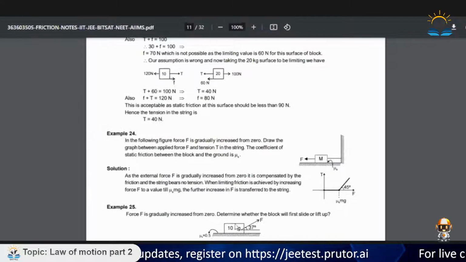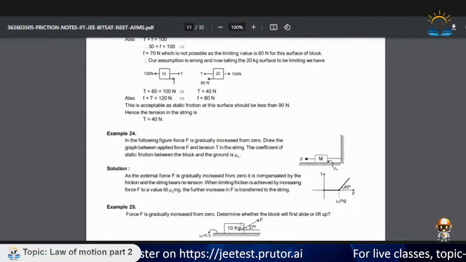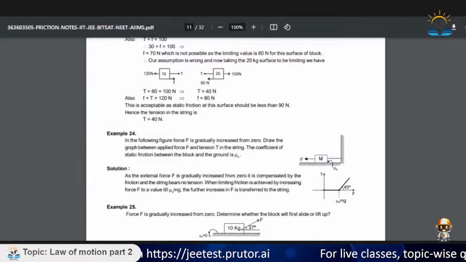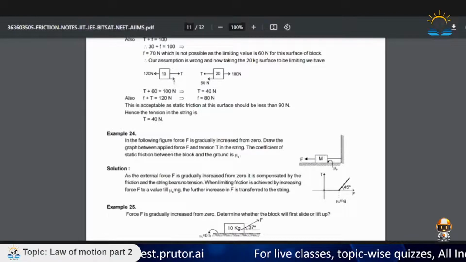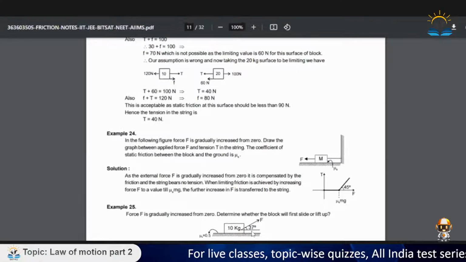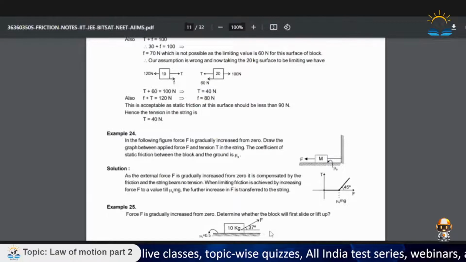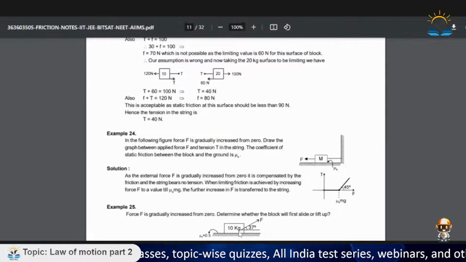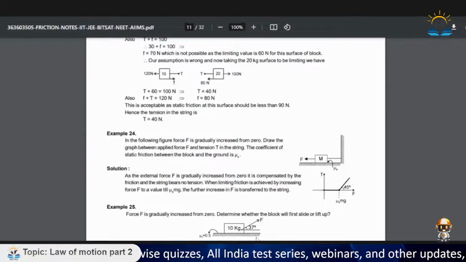Now if F sin 37 degrees is equal to 100 kgs, then F would be equal to 500 by 3 newtons. Now since F is 500 by 3 newtons, from here we will get that F cos 37 would be 400 by 3 newtons.